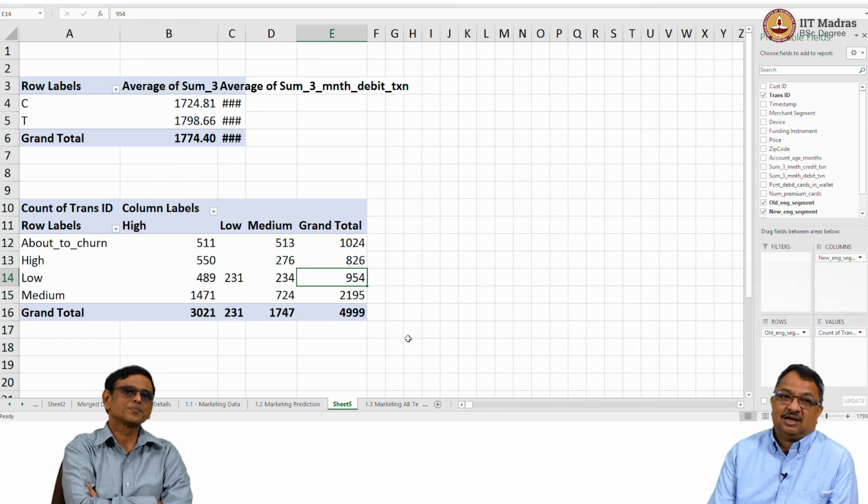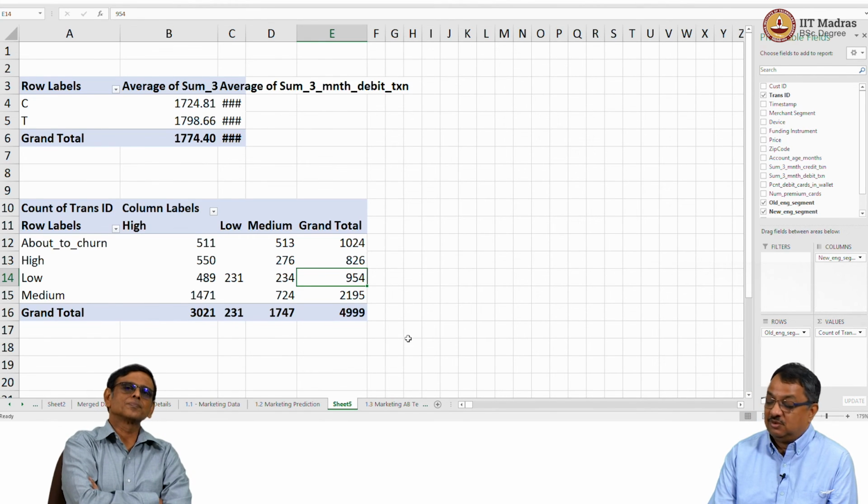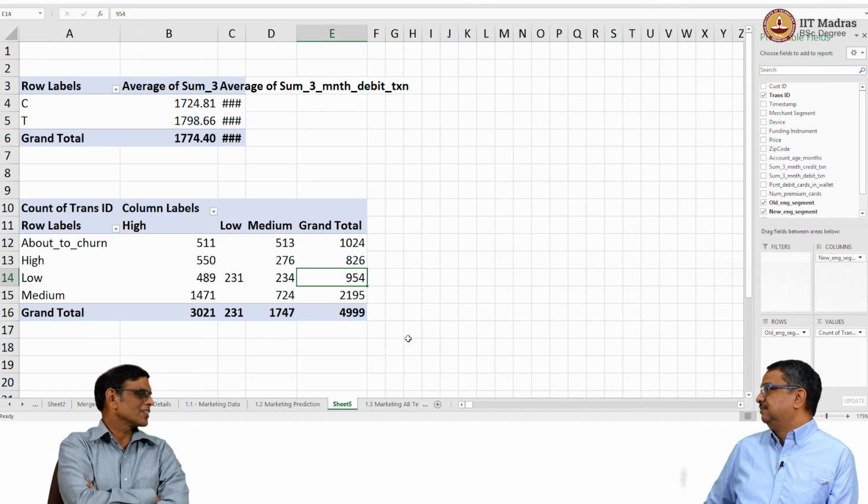And if you look at the picture after, we have about 3,000 high, 1,700 medium, 200 low, and no about to churn. It's very strange. I have a feeling it is because of that definition. The definition said 6 months of no activity, whereas here you have 3 months of data. Perhaps you don't have the data.